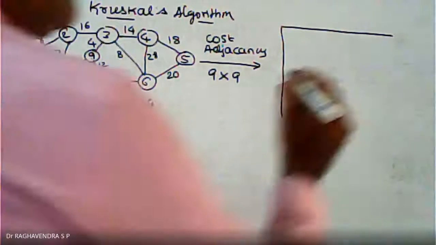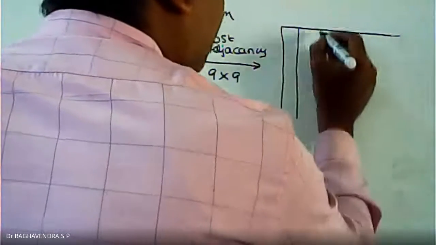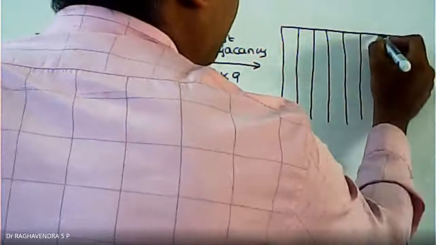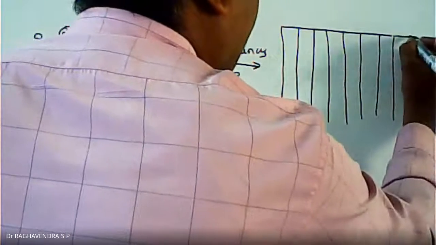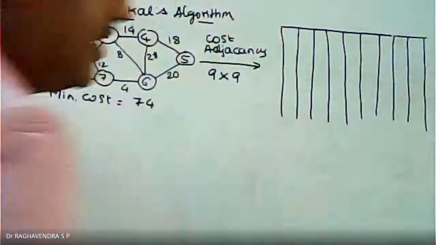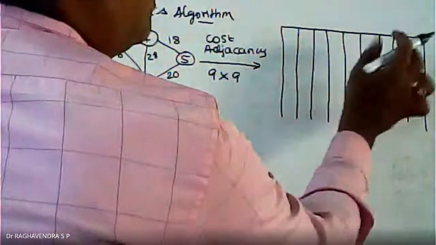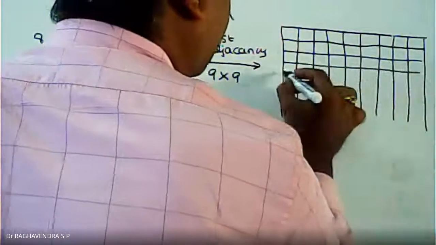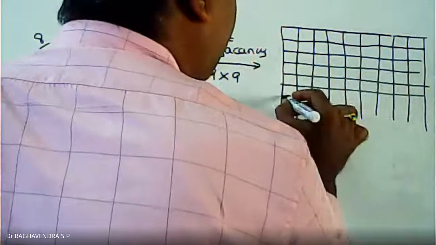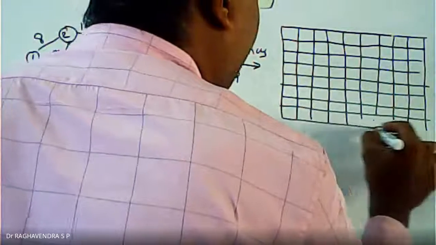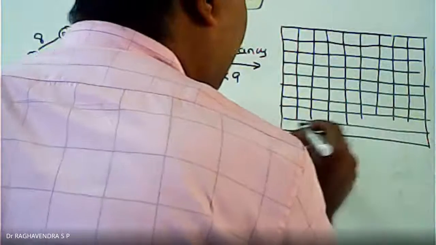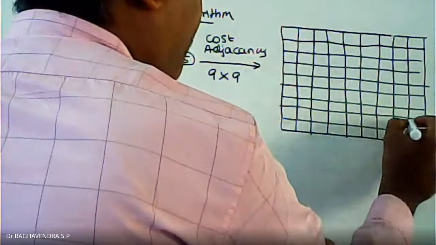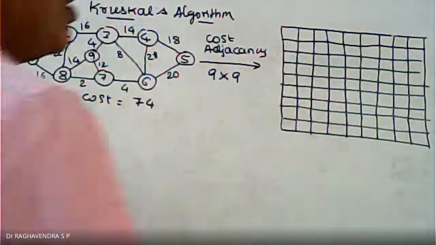So we have 9 columns, 1, 2, 3, 4, 5, 6, 7, 8, 9, and similarly 9 rows. So this is a mesh of 9 cross 9.